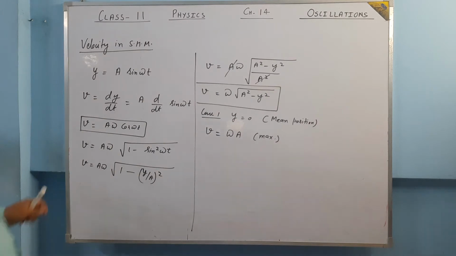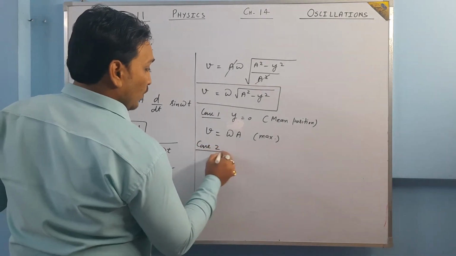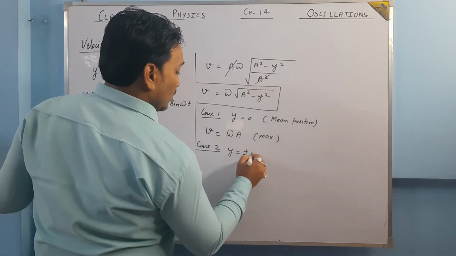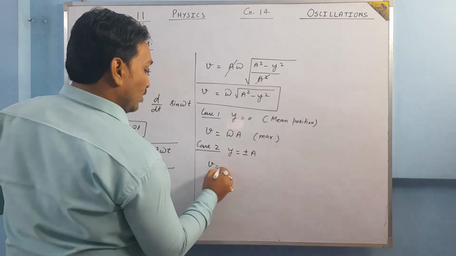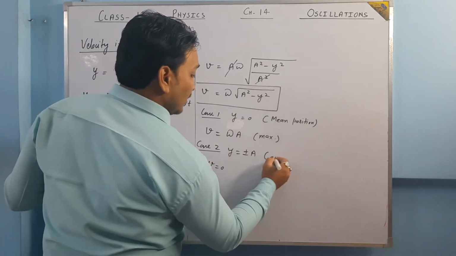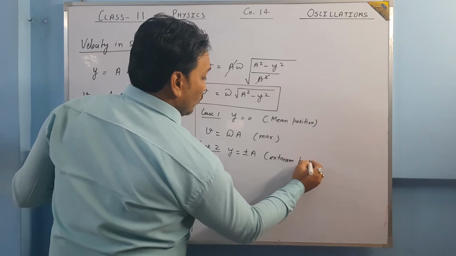And case 2: when y is equal to plus minus capital A. If I put plus minus capital A, then v becomes 0. This is the extreme position.